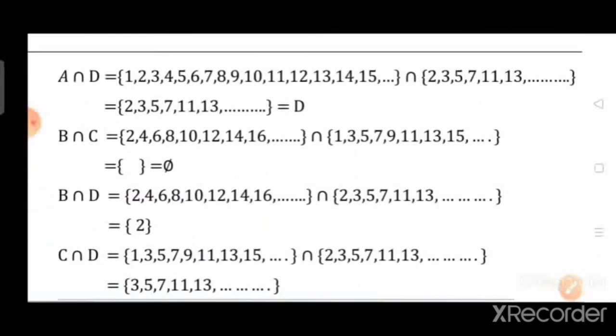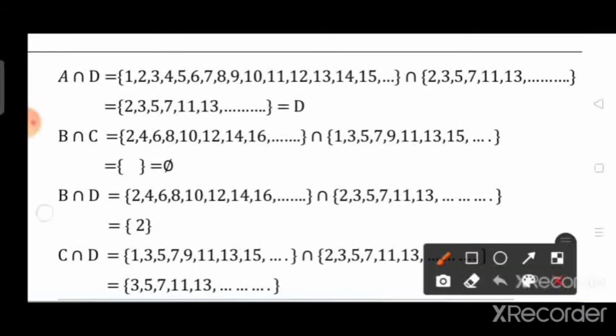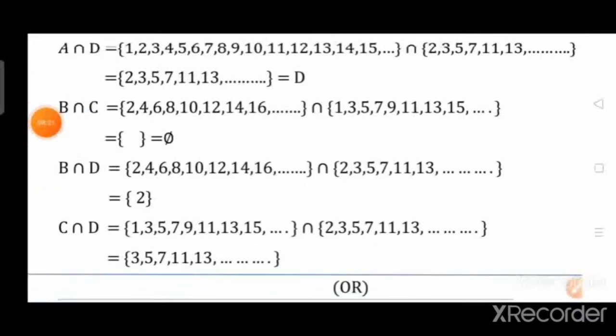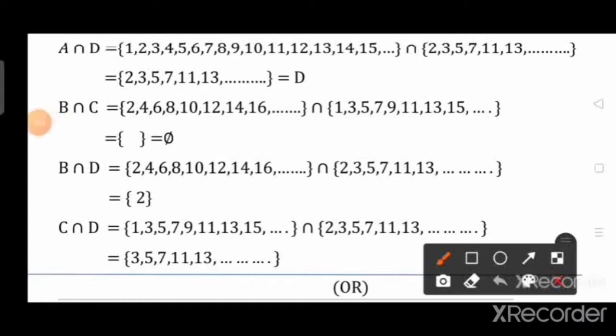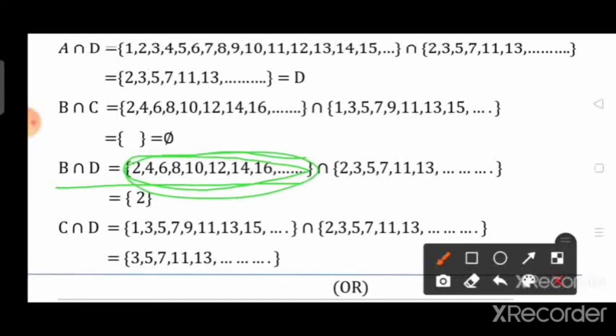Now B intersection D. Now we are at the fourth one, B intersection D. Here set B means all even numbers, and these are all prime numbers. We have to find the common elements in both sets.